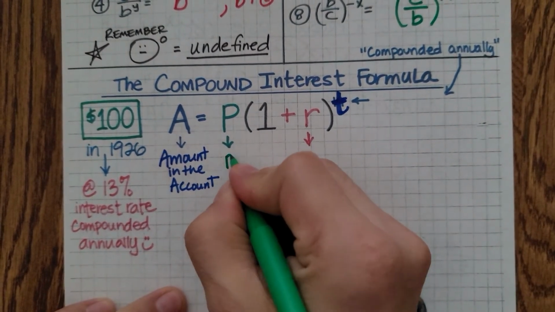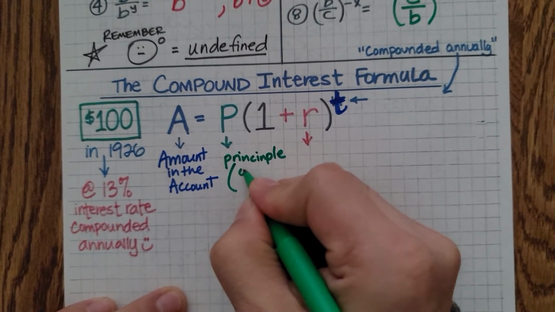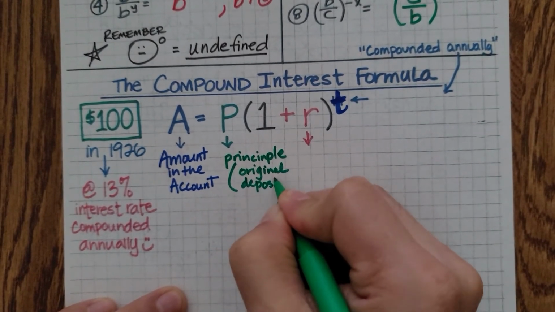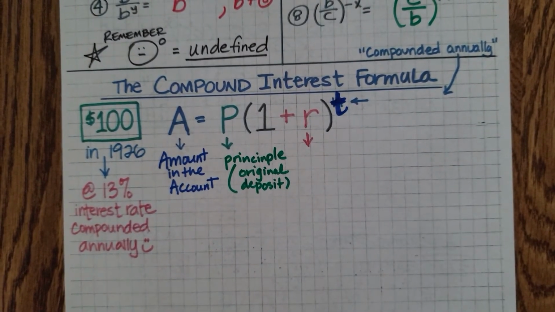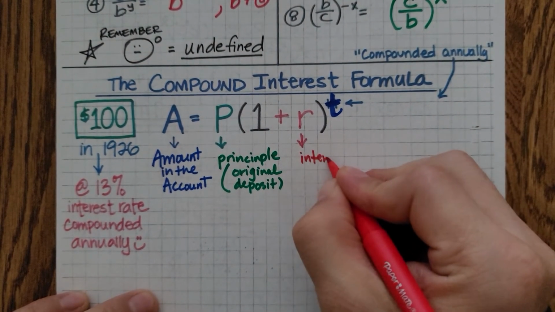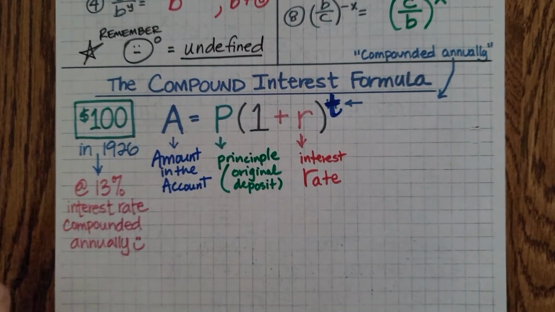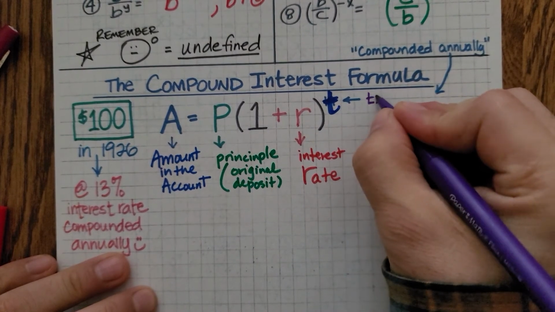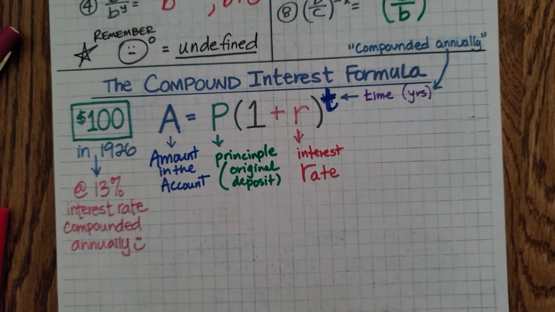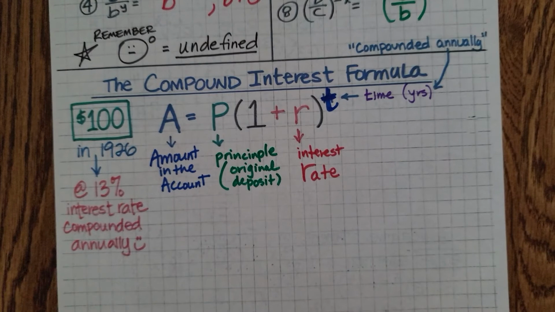P is your principal. That's going to be your original deposit. How much you put in there to begin with. Everybody should know that R is an interest rate, while T is time in years. All right, so watch how easy, color coordinated, anybody should be able to get this problem.